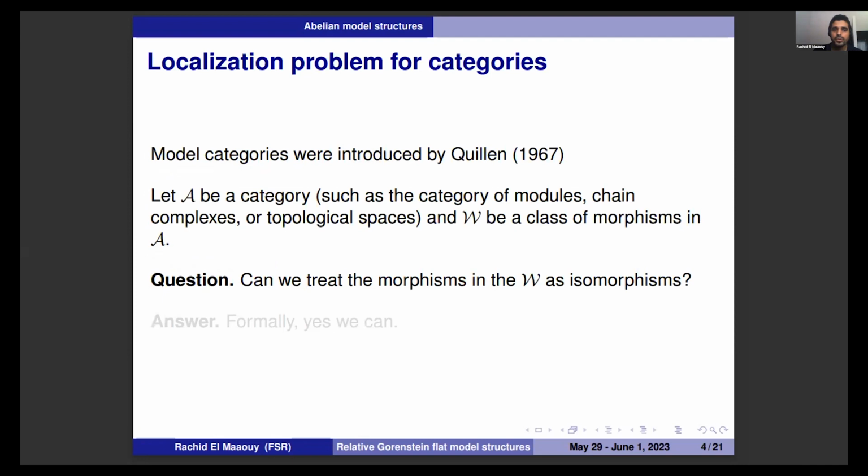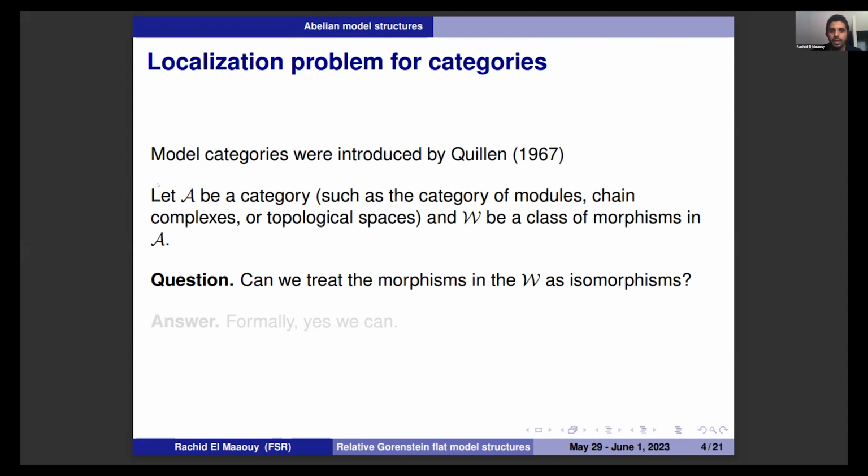So model categories were introduced by Quillen in 1967. The motivation behind such introduction is their utility in solving the localizing problem for categories. So let's talk about this problem a little bit.